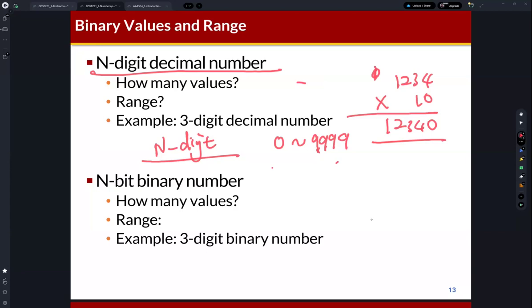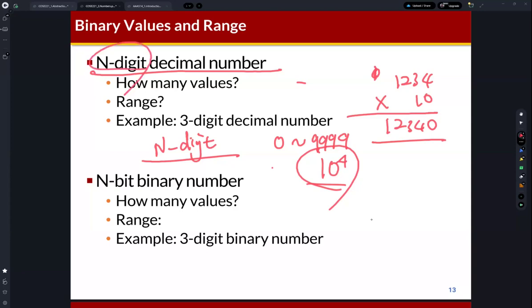It's 10 to the power of 4, right? So that means that we can represent 10 to the power of 4 decimal numbers using 4 digits of decimal number.